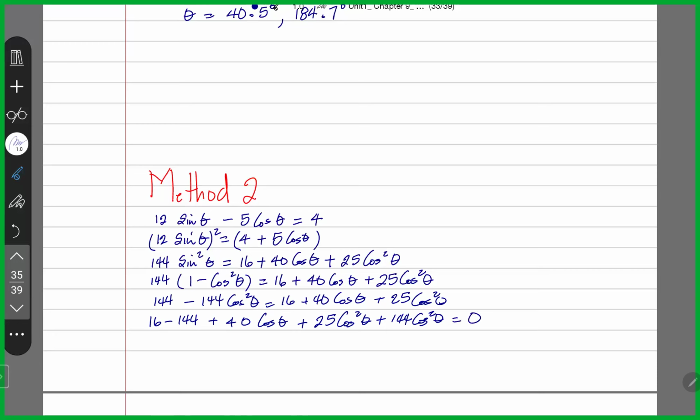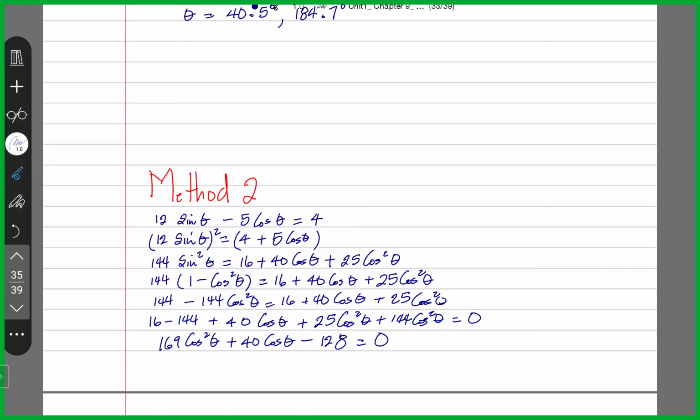So this is 169 cos squared theta plus 40 cos theta minus 128 is equal to 0. So we all can see that this is a quadratic equation that we can solve.